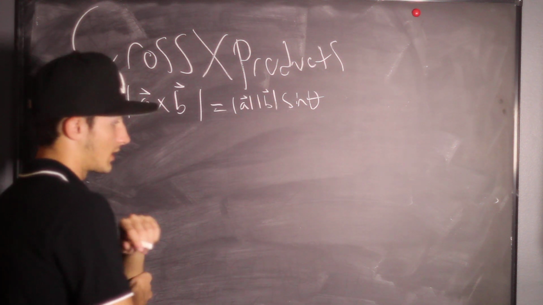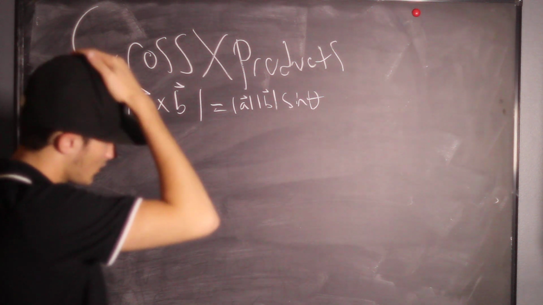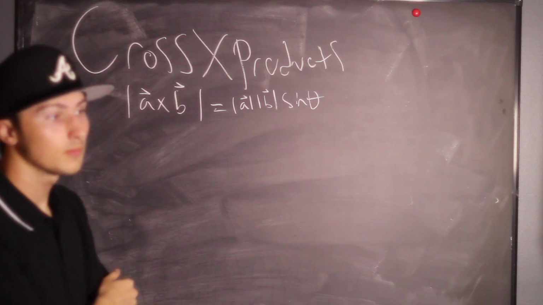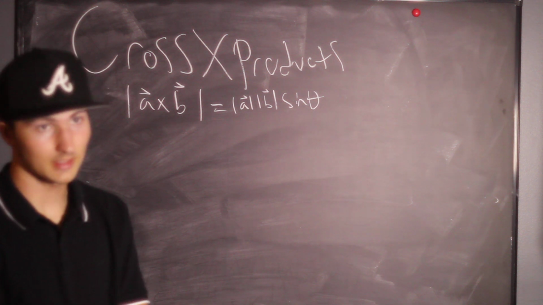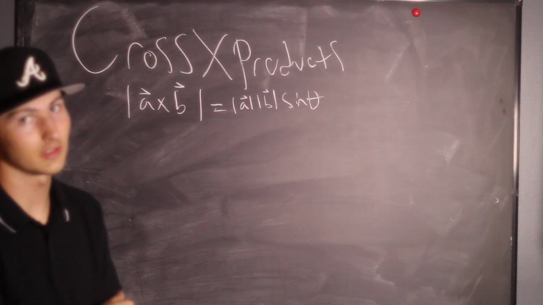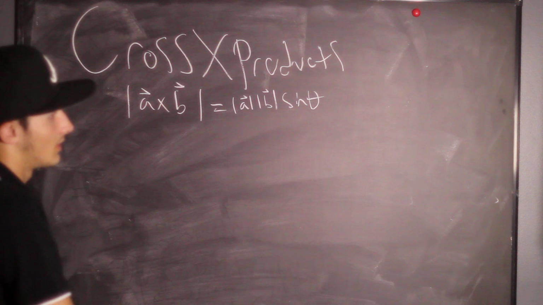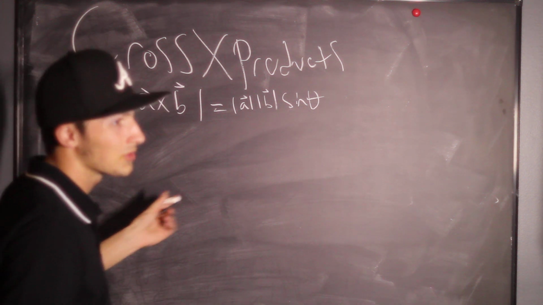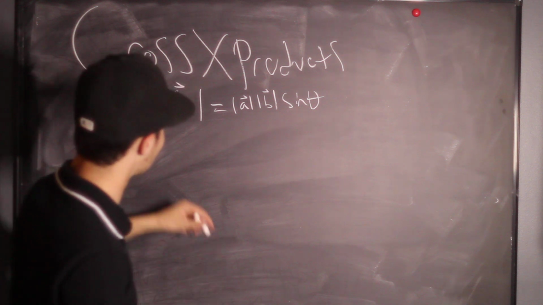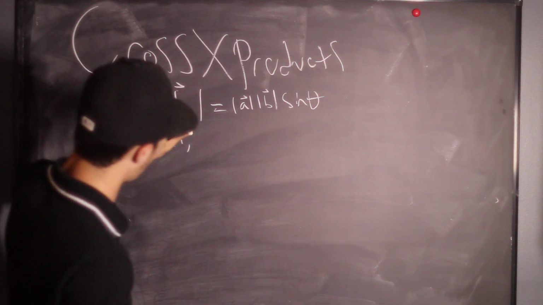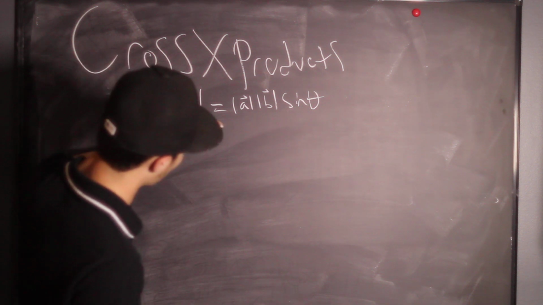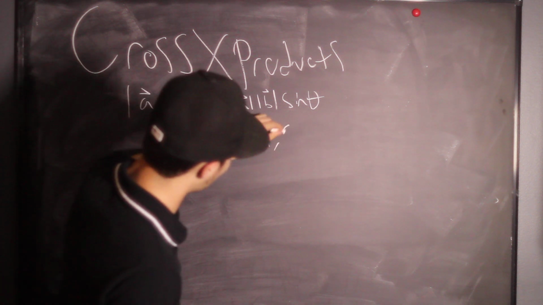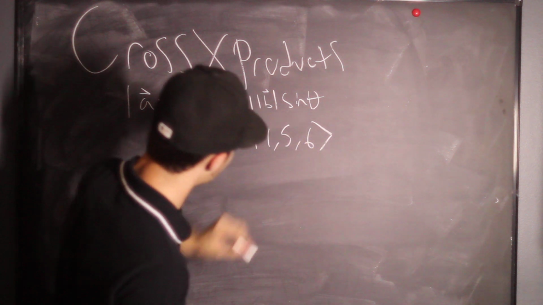Now when it comes to actually getting them, I could do it symbolically, but I'm going to do it numerically because I know that satisfies a lot of people, getting a number answer and not a mess of an answer. So let's just do 1, 2, 3, 4, 5, 6 because it's easy. So 1, 2, 3 cross 4, 5, 6.